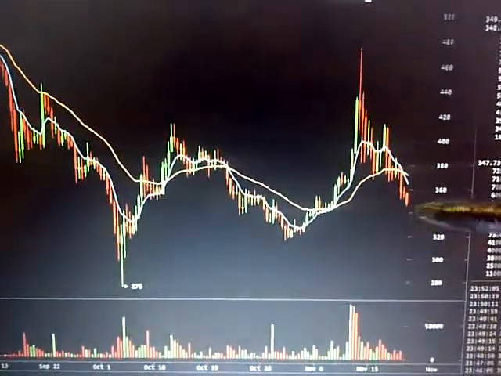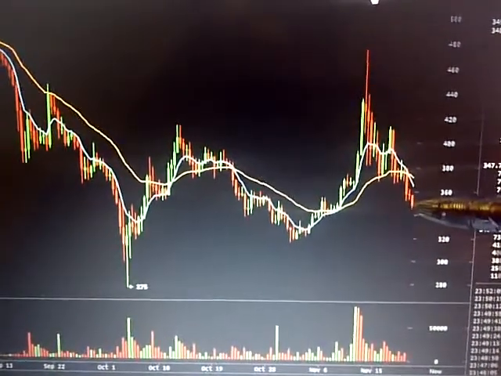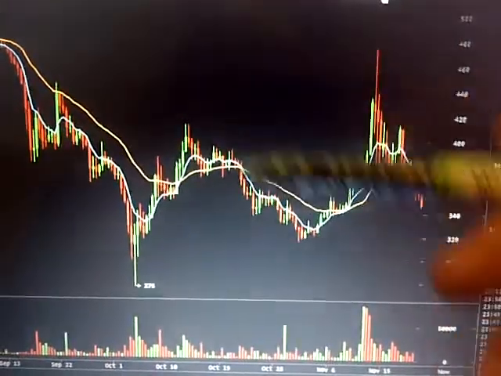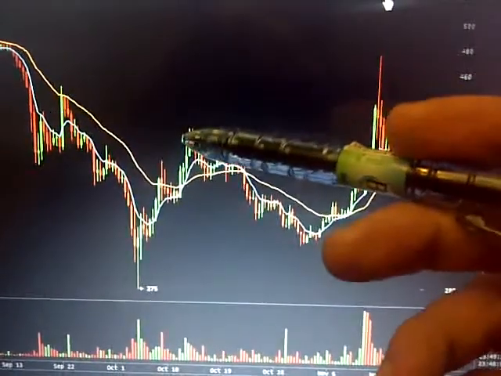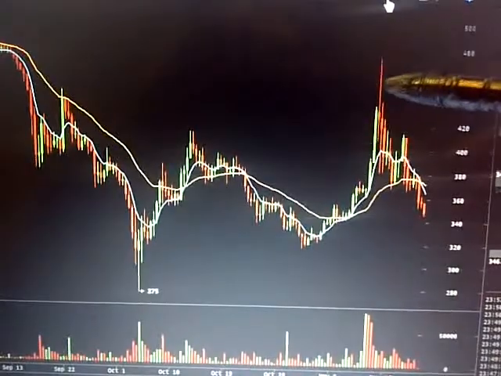Higher lows than the previous, and if this is where it stops, it will be a higher low than this. If you look at the highs, this is the high, and this is a higher high.